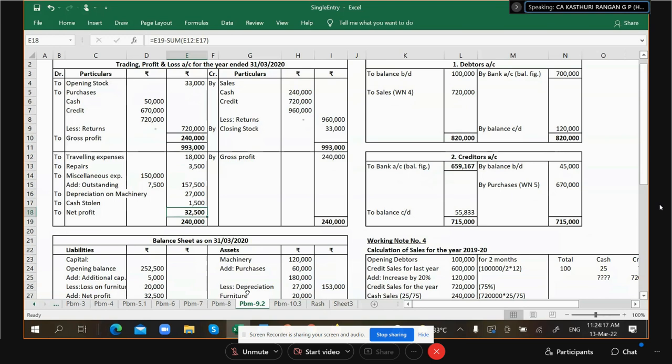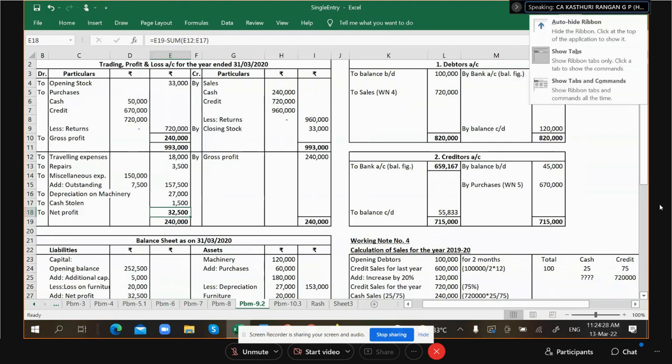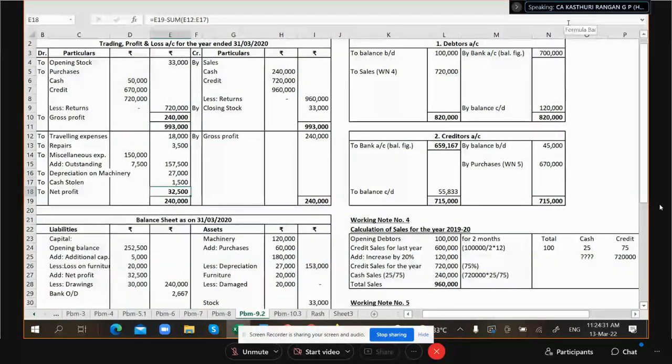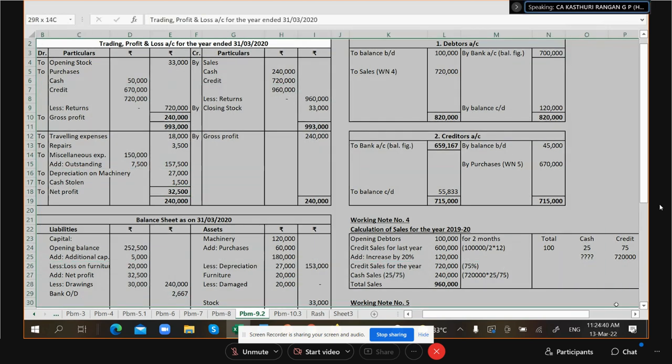So normally we will do accounting in a certain manner. If the problem is silent on how to do the accounting, you do it normally. If the problem says something, you follow that. Okay. So friends, are you able to see the answer completely? Very, very important problem.